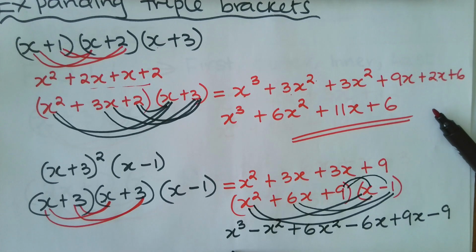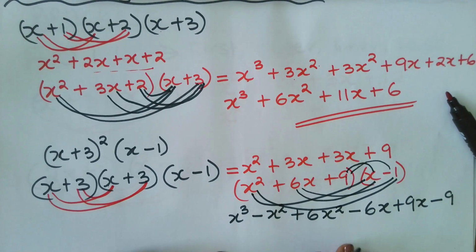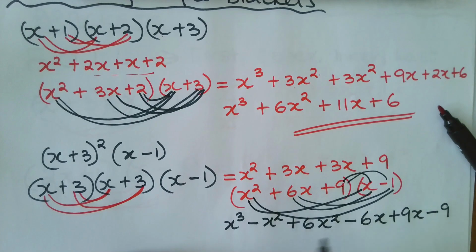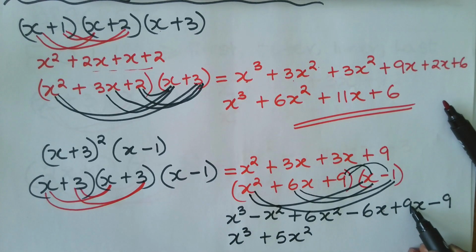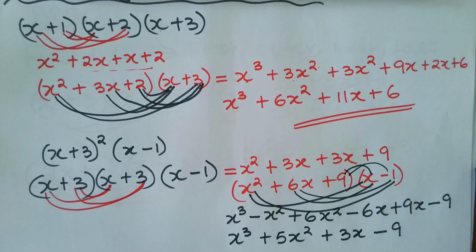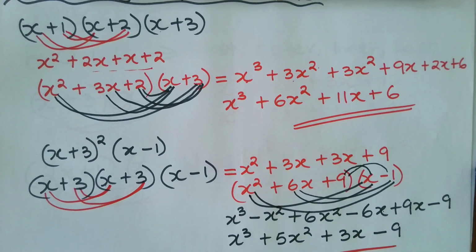Bringing the like terms together, x to the power of 3, minus x squared plus 6x squared is going to be plus 5x squared, minus 6x plus 9x will give plus 3x and minus 9. So now we have solved this triple bracket.